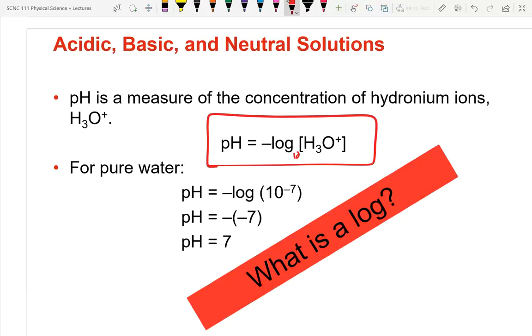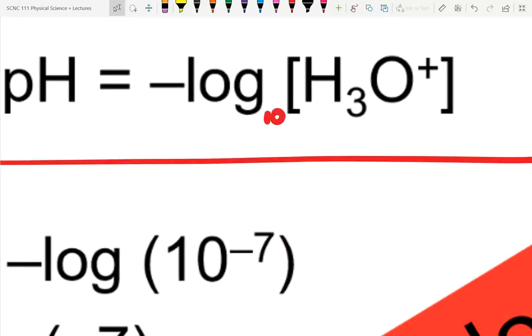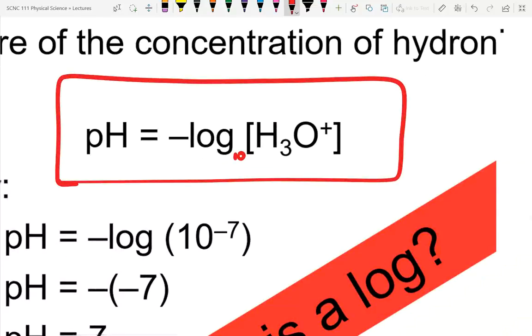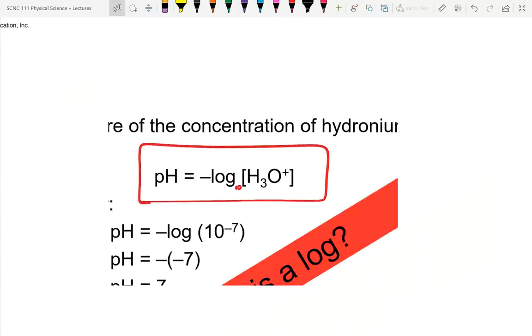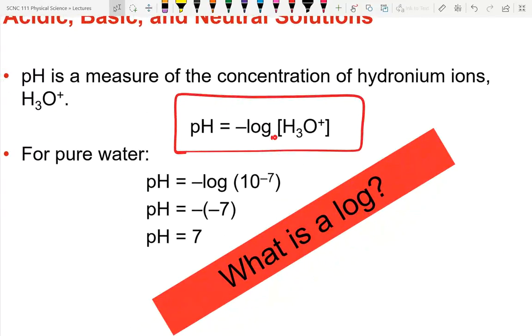Now, how familiar are you with the log scale? Not very much, right? There's not a lot of math requirement for this class.